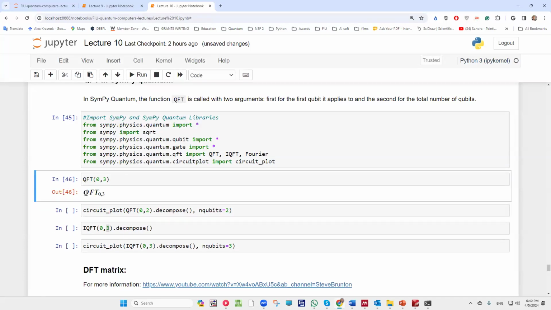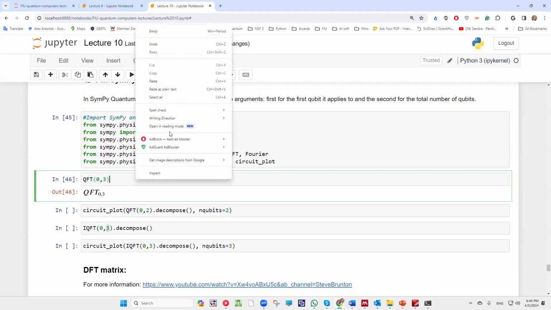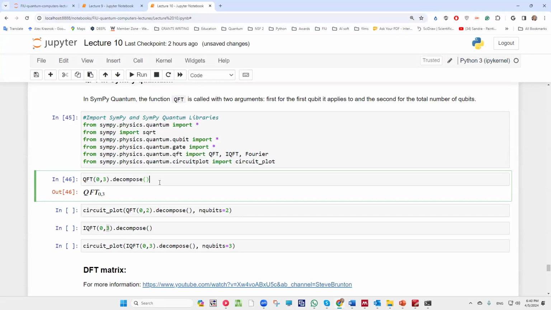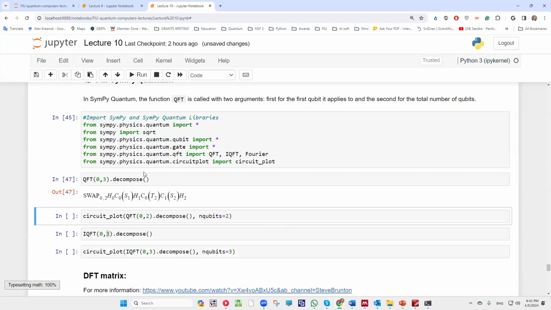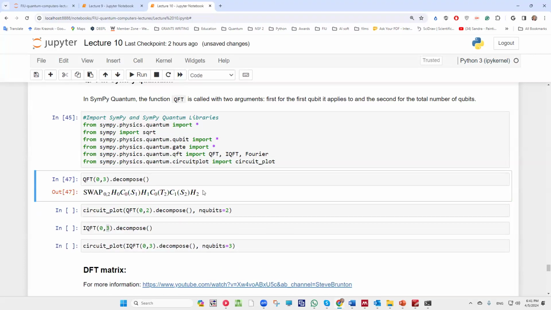It recognizes the operator QFT. The first element stands for the first qubit in the circuit that I apply QFT to, and the last one is the number of qubits in my circuit.